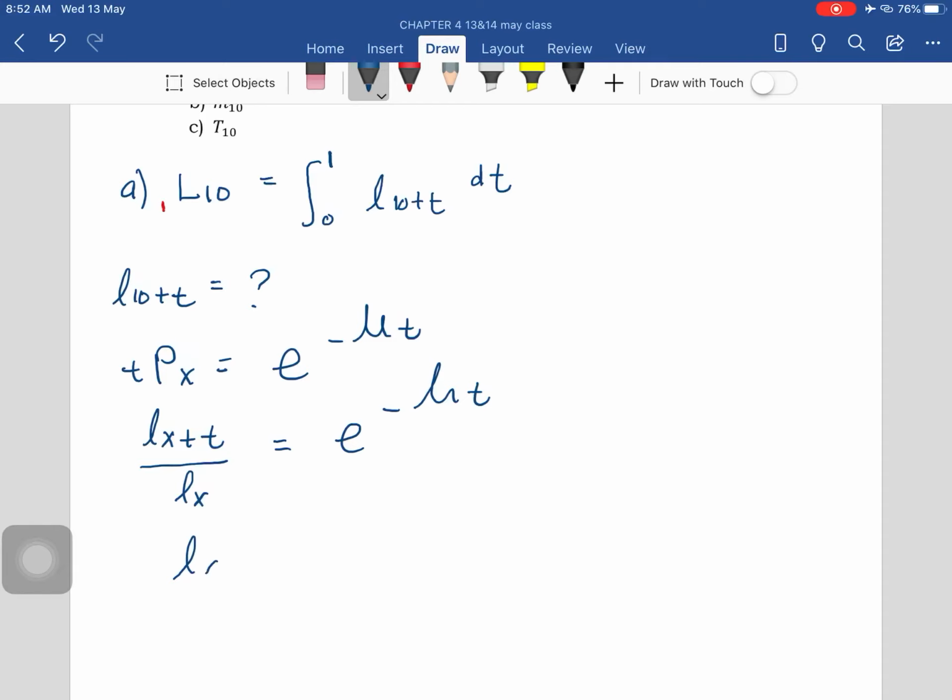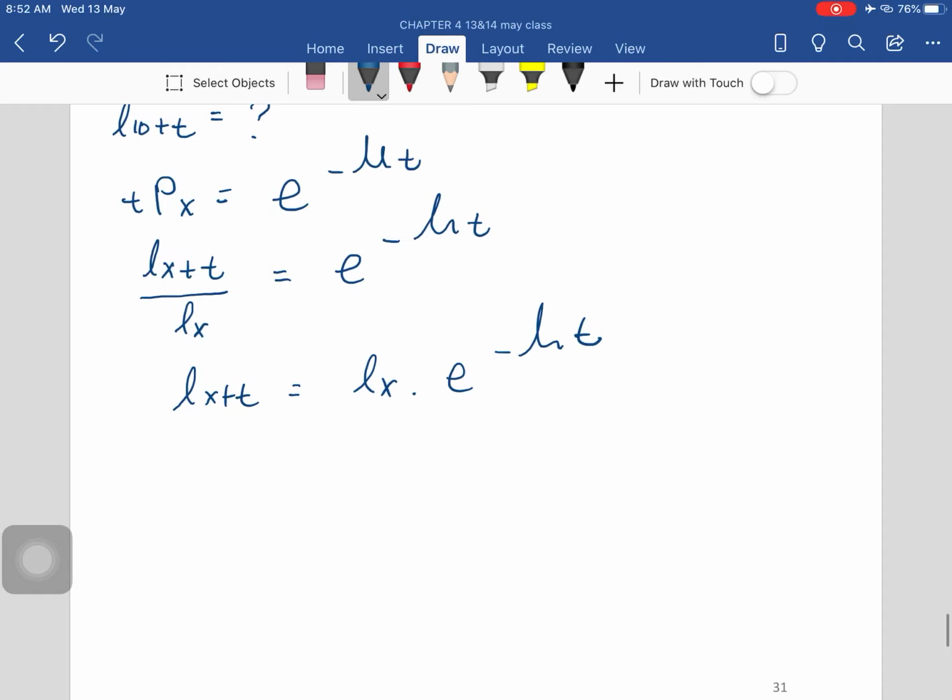So we get Lx plus T is equal to Lx times E negative mu T. Okay, we don't have Lx, so how do we play around with this equation? P naught, meaning the newborn probability of survivors from 0 to x plus t, is equal to Lx plus t over L naught.